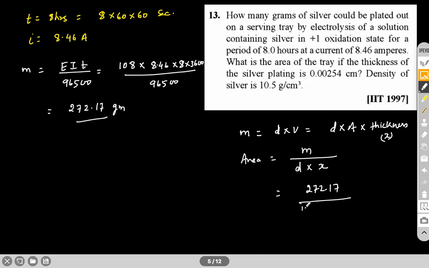Density is given, 10.5, into the thickness, which is 0.00254, right? So the area is 1.02 into 10 to the power 4, and the unit is centimeter square. This is the answer for this question. Easy one.